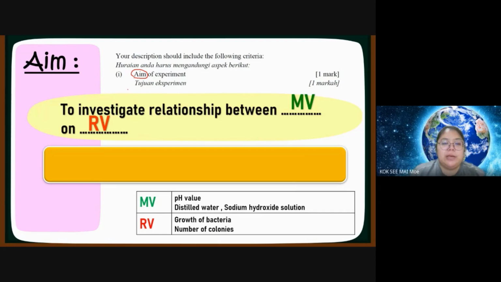So MV is what? pH value. If you want to write the longest one, distilled water, sodium hydroxide, then you write all. If you write pH value, then you just put pH value. Another one should be the RV, on the growth of bacteria, or on the number of colonies.